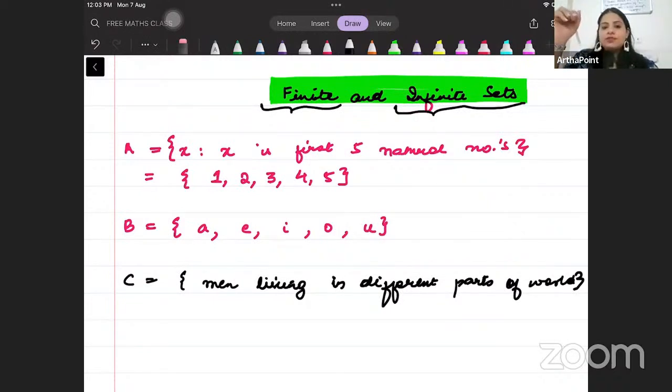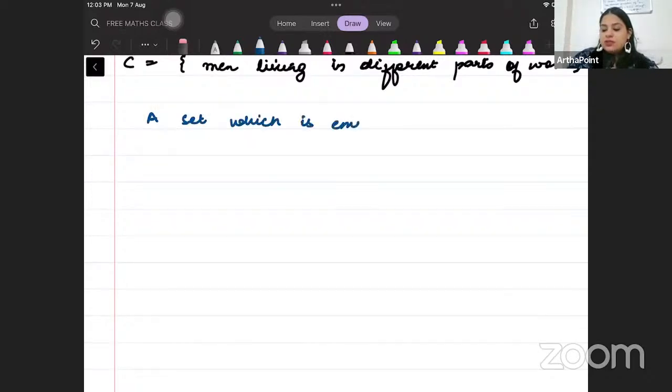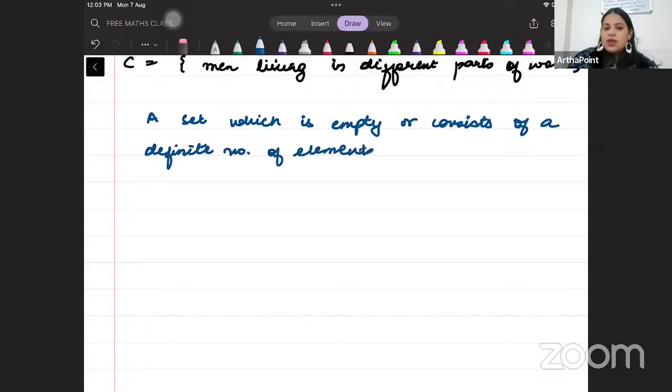Okay. Now, how will we define this? So please write down the definition with me. A set which is empty or consists of a definite number of elements is called finite. तो बेटा बहुत बच्चे कंफ्यूज हो जाते हैं कि मैम नल सेट क्या है, फाइनाइट या इनफाइनाइट. बेटा उसमें तो एक भी एलिमेंट नहीं है.